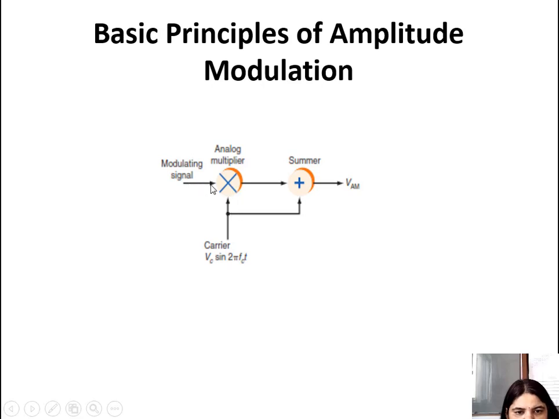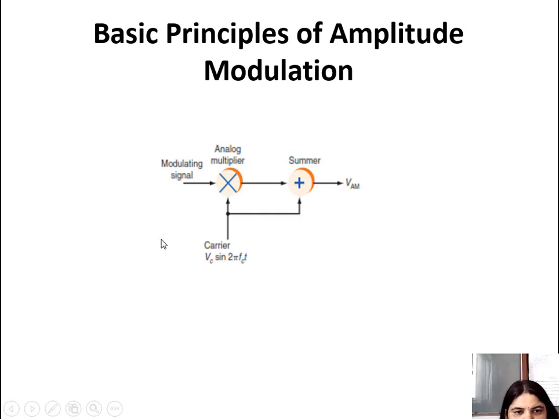One is the modulating signal, also called the baseband signal, information signal, or message signal. The other signal I require is the carrier signal. The carrier signal and modulating signal get multiplied by the analog multiplier, which produces the AM modulated output.